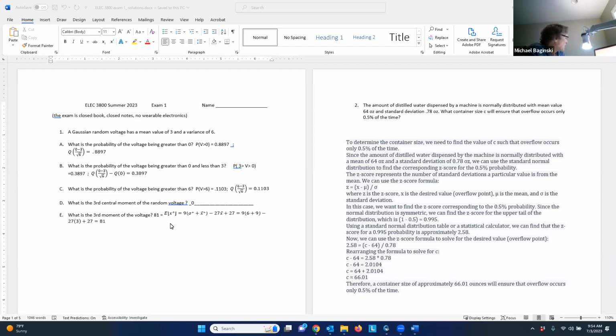And what is the third moment? You can do it this way, the way I've shown you, where it's 3 times sigma squared. So this is really 9 times the standard deviation plus the mean minus 27 times the mean plus 27. And you're going to get 81 no matter how you do it.